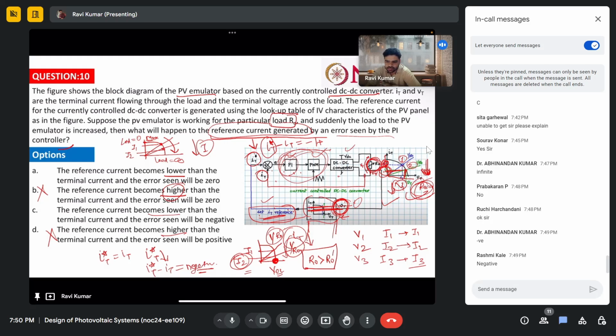So which one will be the answer here? Not A, because it is saying 0. It should be C. Yes, the answer is C. So the reference current will decrease, and because it was matching with the reference current, if the reference current has decreased, then the current minus the reference current will be negative. Then the error seen by the PI will be negative.